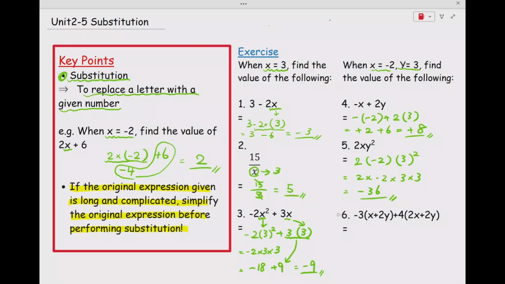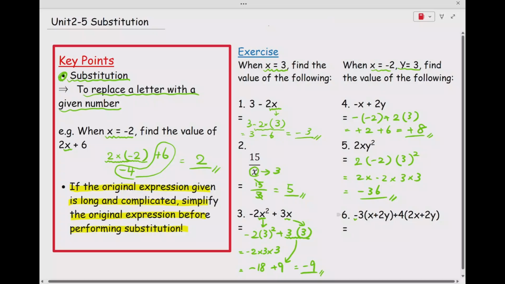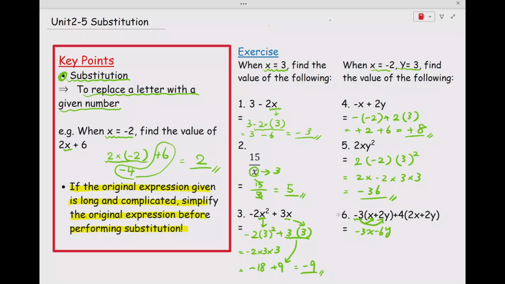The first part of the expression, minus 3 brackets x plus 2y. You multiply the minus 3 onto each of the terms inside the brackets like this, and you get minus 3x minus 6y. Next, the other part of the expression is plus 4 brackets 2x plus 2y.